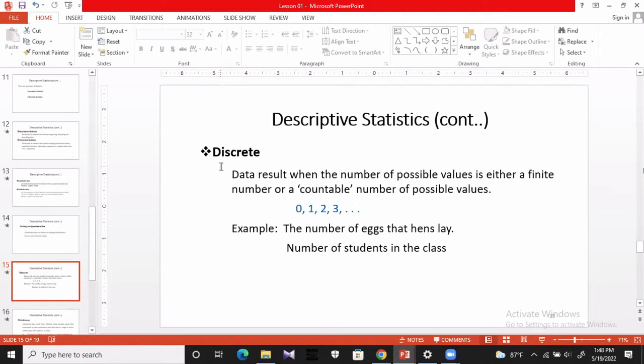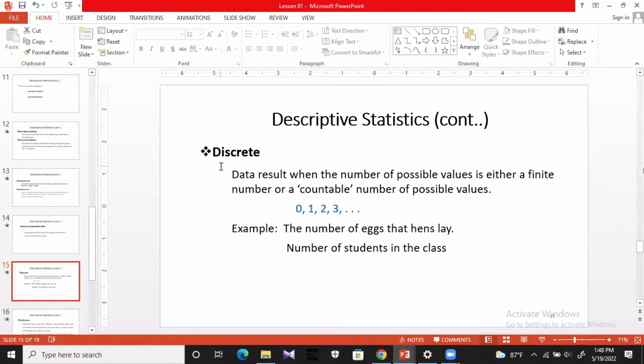Likewise, you can have a finite or countable number of possible values for discrete data. Can you understand the meaning of discrete? We can always count a discrete variable.